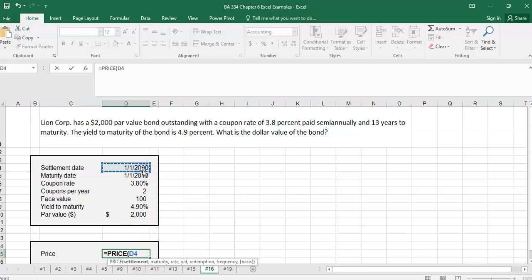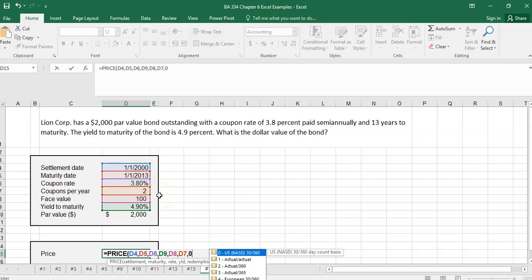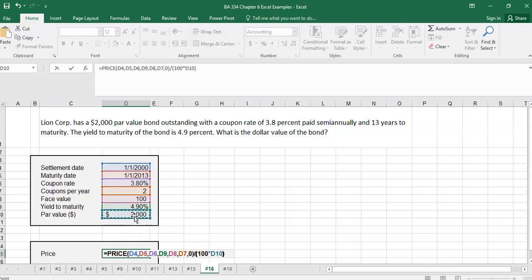So our settlement date, maturity date, our coupon rate, the yield, the face value redemption, the frequency of coupons per year, a default basis of 0, and then we want to divide that by 100 times the par value.